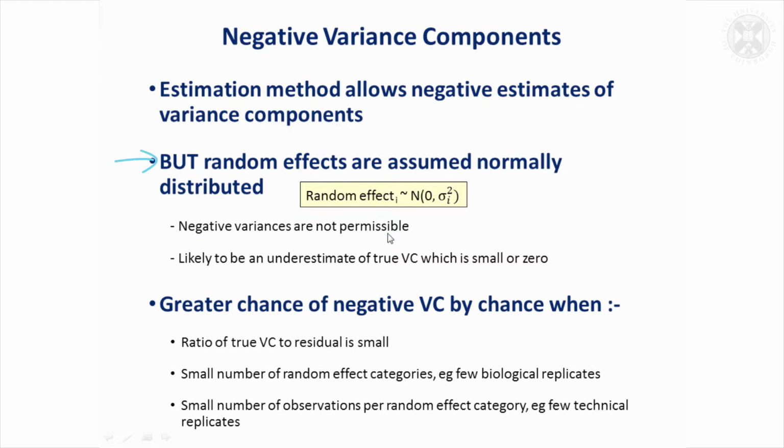And quite often the negative estimates are just an underestimate of the true variance component, and you'll have more chance of getting them if the true variance component is actually very small, if you've got a small number of random effect categories, so for example a small number of biological replicates, or a small number of observations per random effect category, so that would be maybe a small number of technical replicates. So in the example I showed earlier, there would probably be a reasonable chance of getting a negative variance component just by chance if the true underlying amount of variability was small.